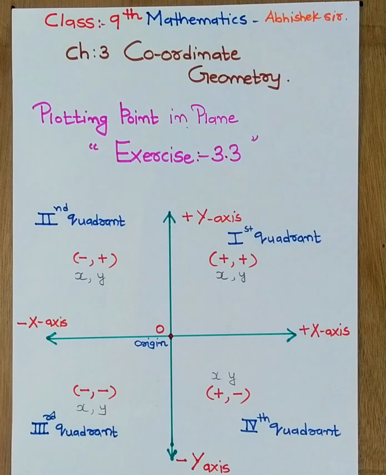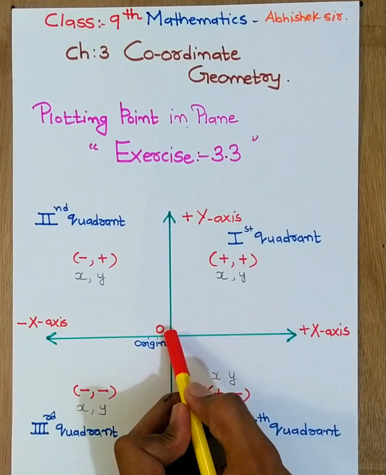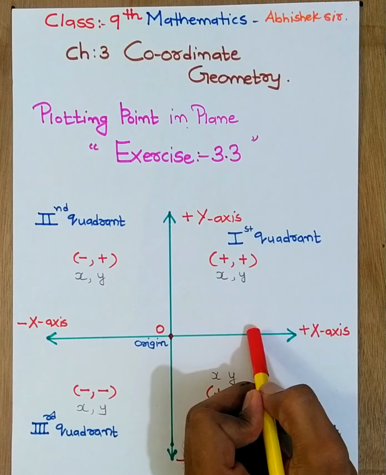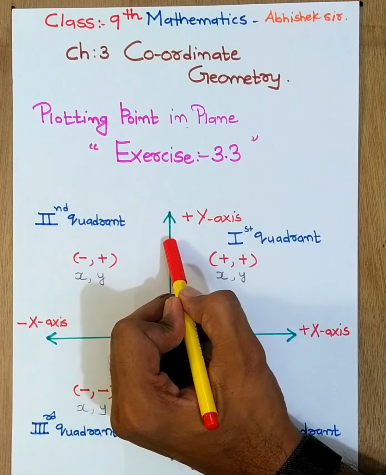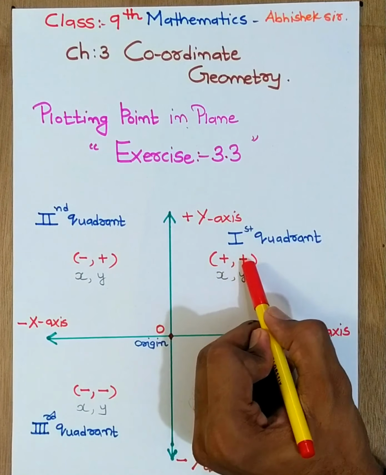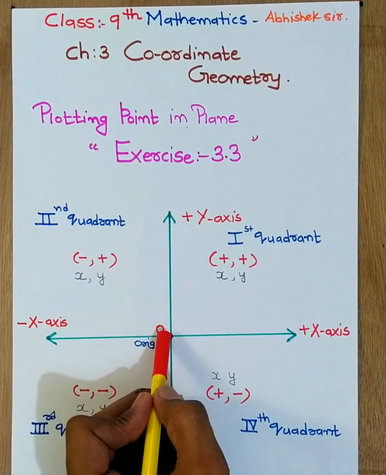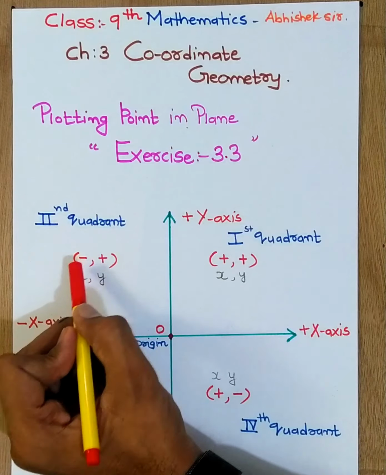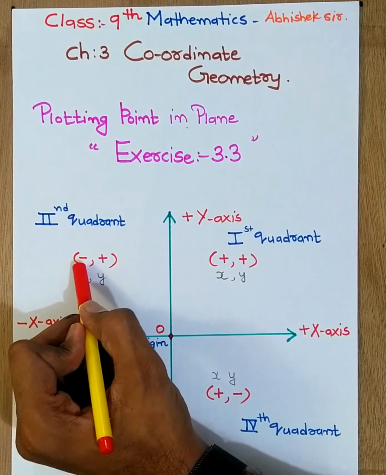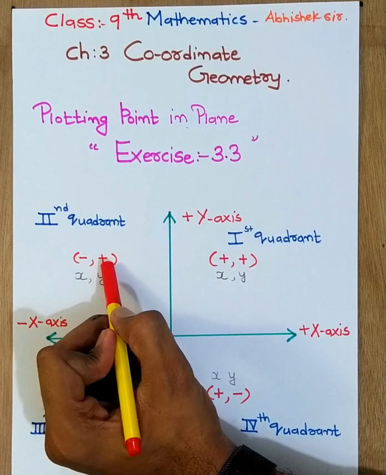Now over here, if you go in this direction and this direction, the x-axis is positive, the y-axis is also positive, so that is why (x, y) is plus plus. Moving on to the second quadrant, the x-axis will be negative, so the x coordinate will be minus, and y will be positive, so here it is minus plus.